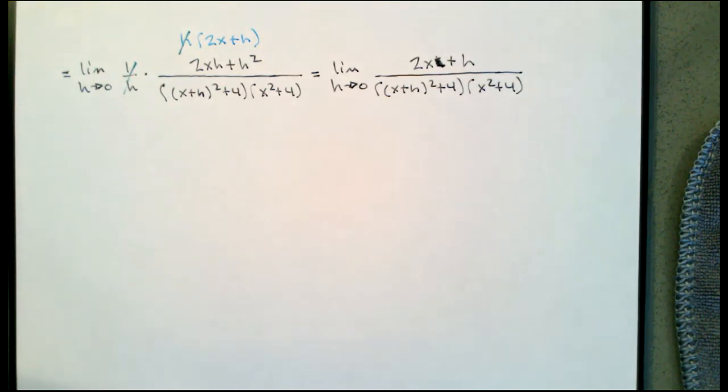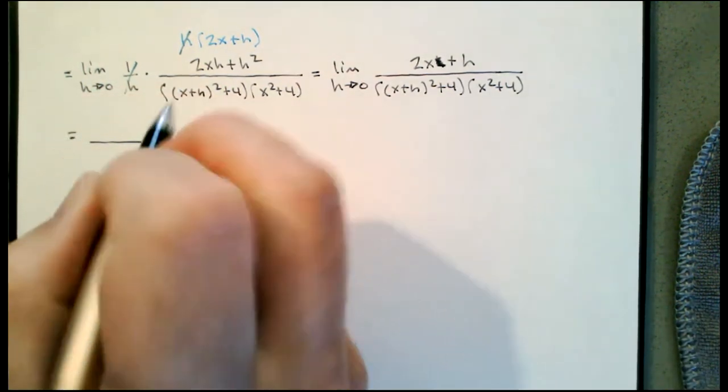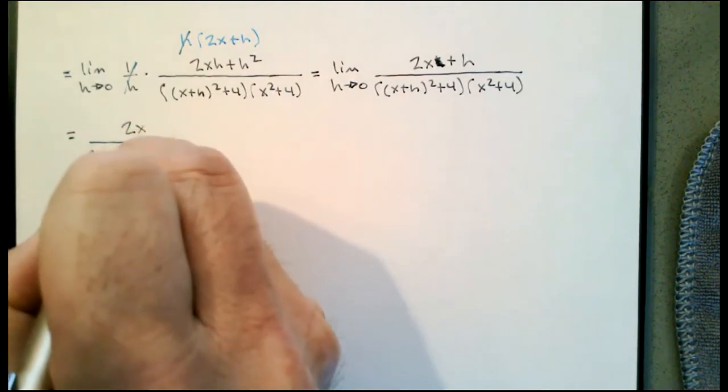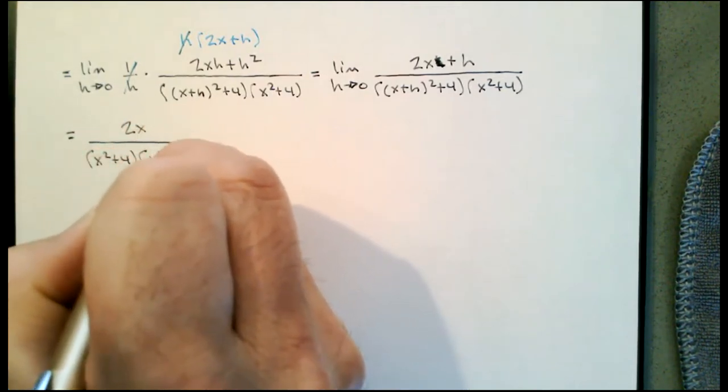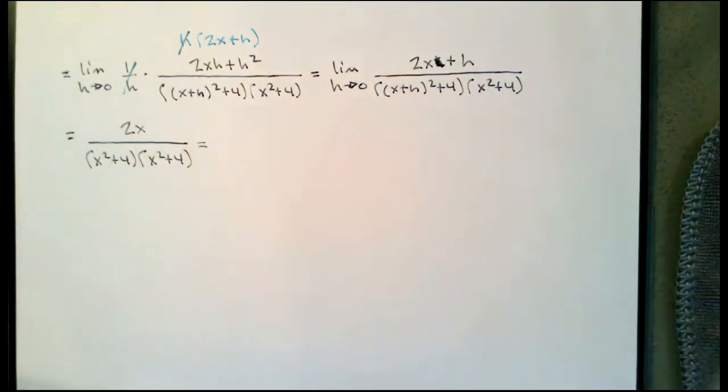Now we can plug in h equals 0 to evaluate the limit. Oh, it is, isn't it? I dropped a negative.